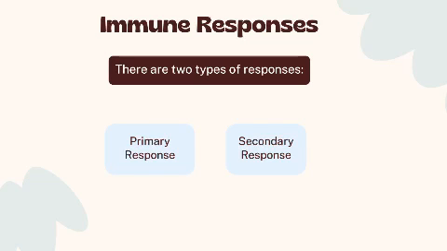The secondary response refers to any immune response of the immune system that occurs in response to subsequent exposure to a particular agent. The exposure may occur even after a year. Due to the presence of the memory cells, the lag phase of the secondary response is shorter than the primary immune response.